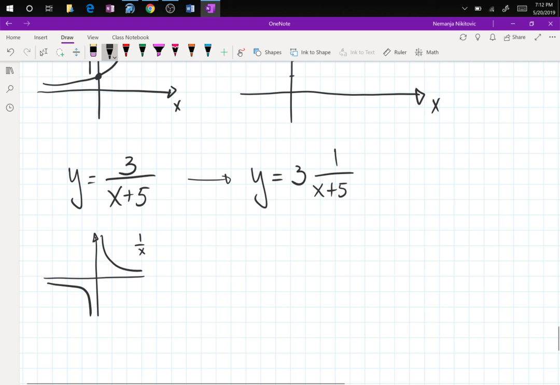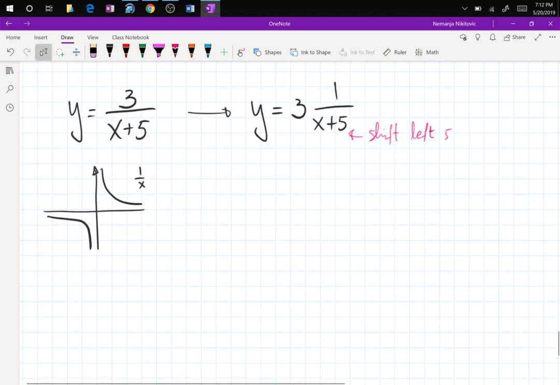So this 3 is a vertical stretch. And plus 5 is what? Oh, let's say it's going to shift it. Where? Shift left 5. Nice. So plus is going to shift left. Great.